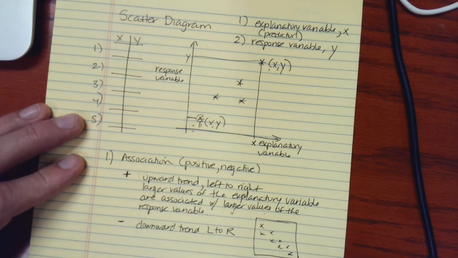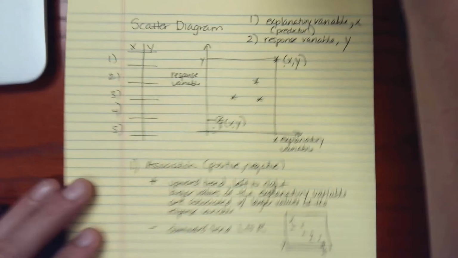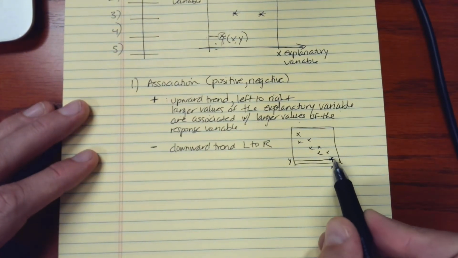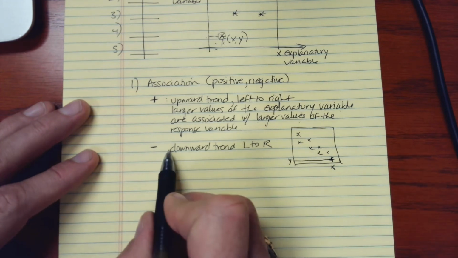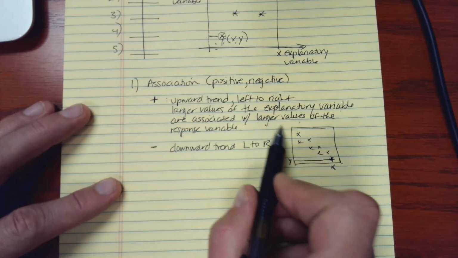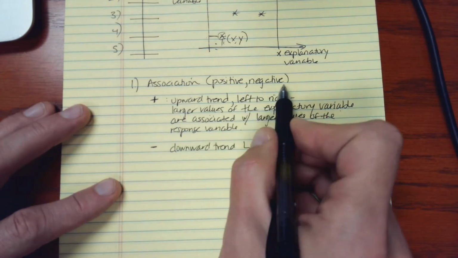So there's a downward trend, and so as I look at the values that are with x coordinates over on the right hand side, they have y coordinates that are relatively low. So for instance, this one has a high x value but a low y value. Let me just move that to where you can see it better. Again, so this point has a high x value and a low y value. So that's characteristic when we have a downward trend or what we call a negative association.